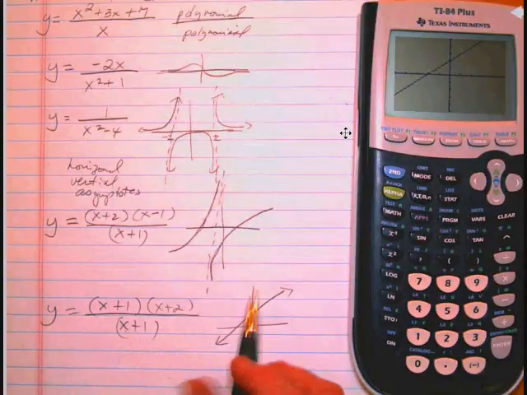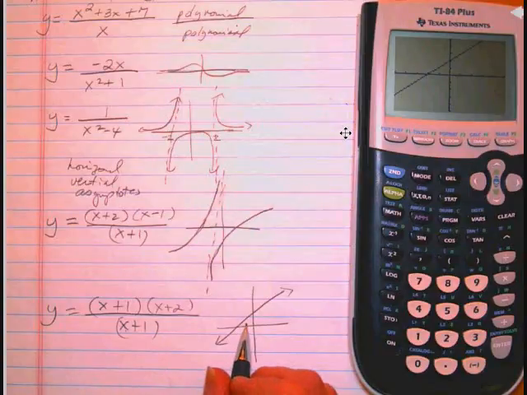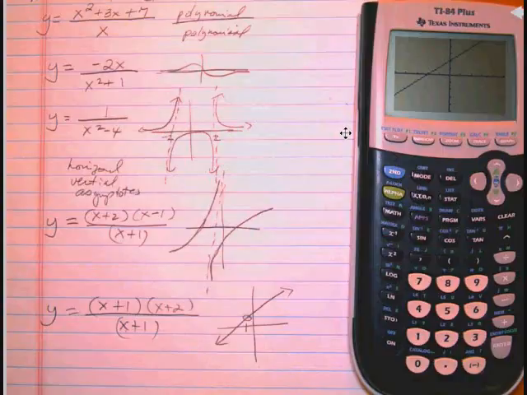I don't get an asymptote in this case. I get just a little hole. So I can't include this point. This graph includes this entire line except this one point at x equals negative 1.